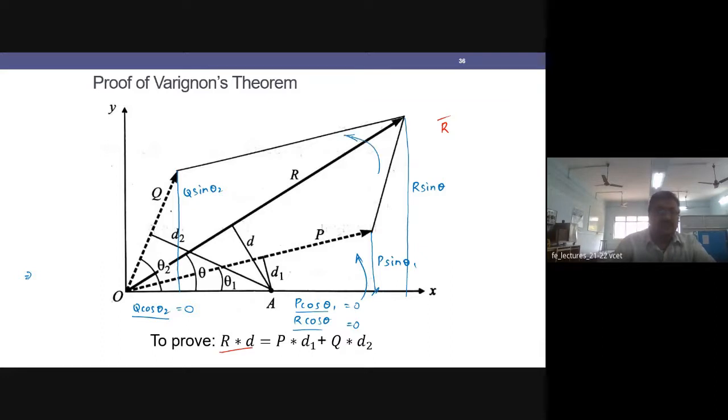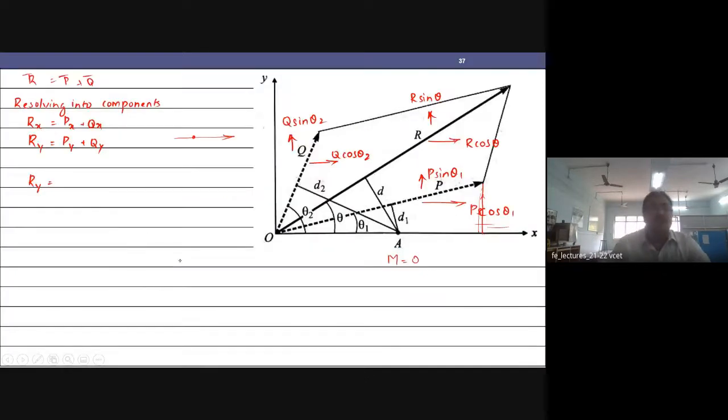The Q sine theta 2 component also has a rotational effect about point O, because the sine theta component is at some distance from O, and hence it gives me a moment. That is why here I am considering only the y component, not the x component. Understood?